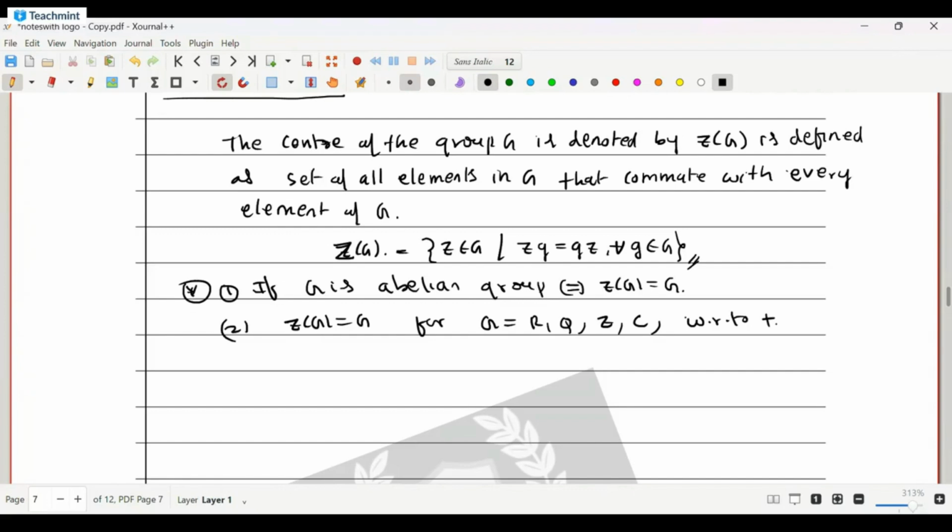Next, R star, Q star, and C star, where these are the non-zero reals, non-zero rationals, and non-zero complex numbers with respect to product, and Zn and U of n, all are abelian groups, and the Klein 4 group. So the center of all these groups is equal to the groups themselves.